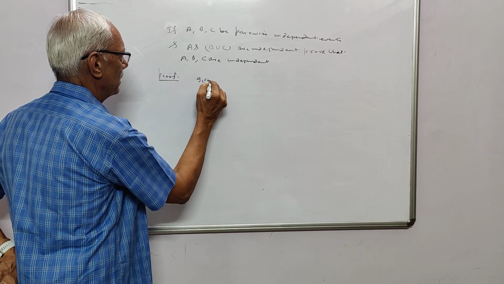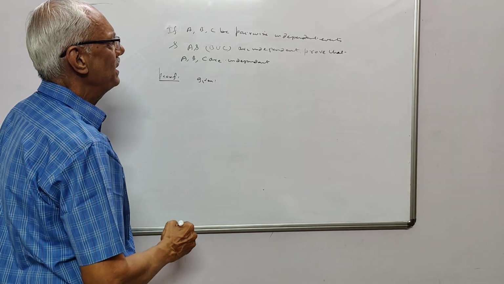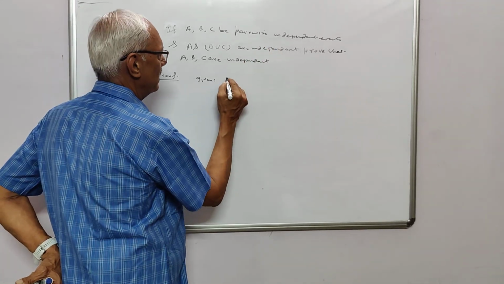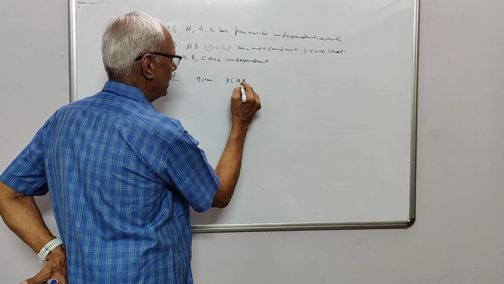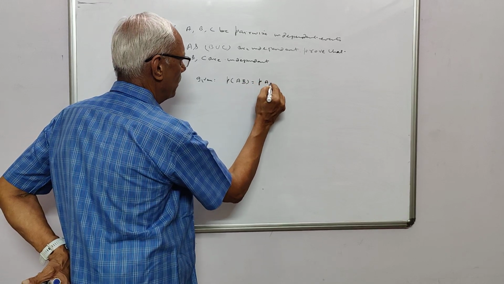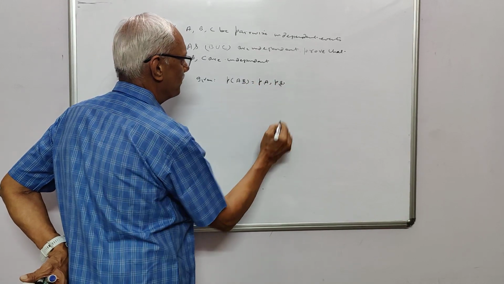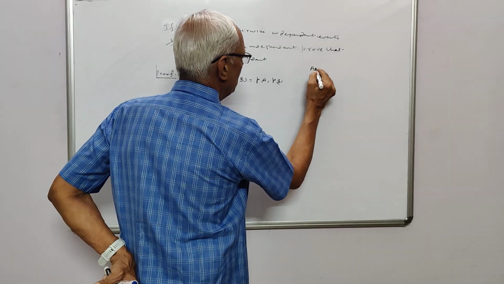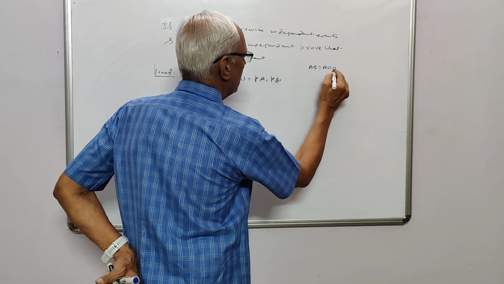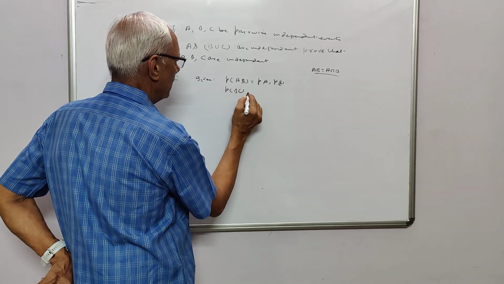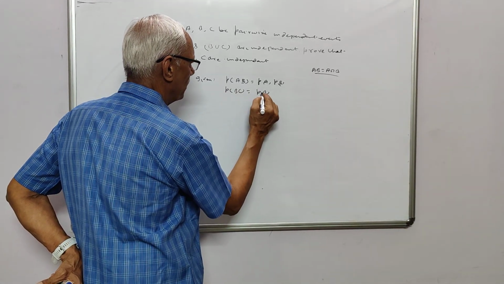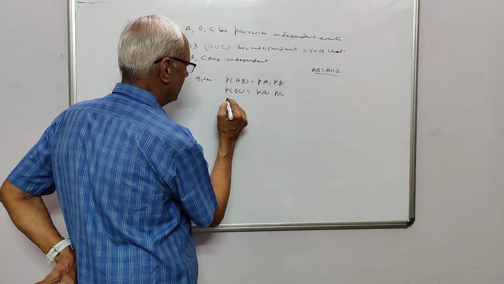Given A, B, C are pairwise independent. That means P of AB is equal to P of A, P of B. AB means A intersection B, and P of BC is equal to P of B into P of C.